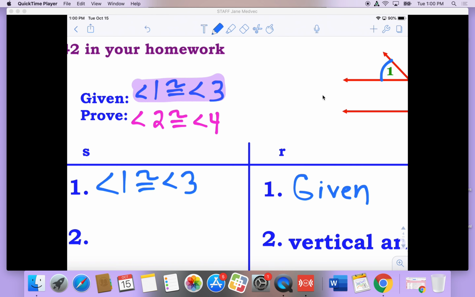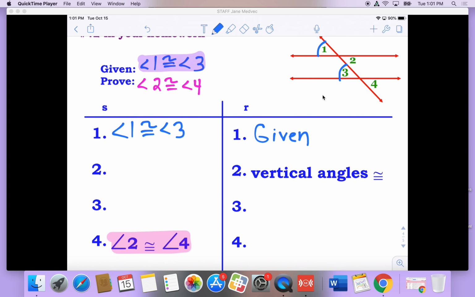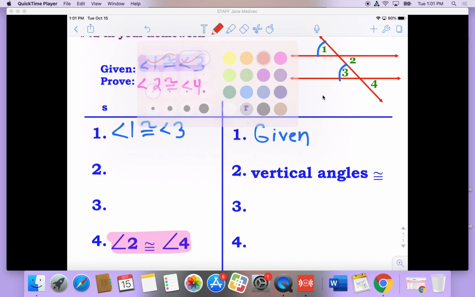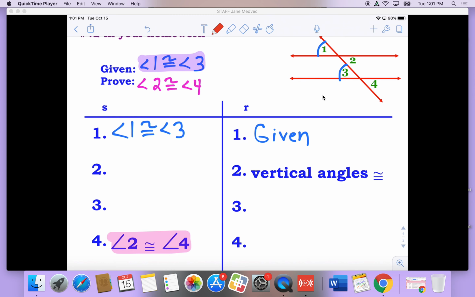Okay? Now, what are some other relationships that I can see? Because you're going to notice that right here it says vertical angles congruent. What are some other angles that I could say, yeah, they're congruent? Yeah. 3 and 4. Sure. So angle 3 is congruent to angle 4.